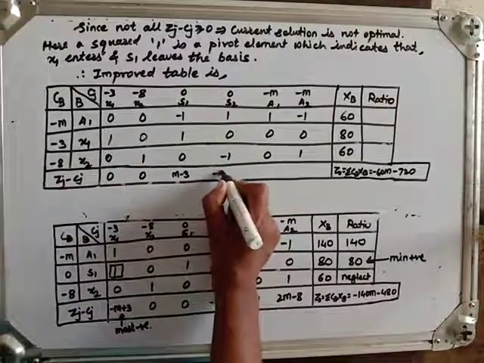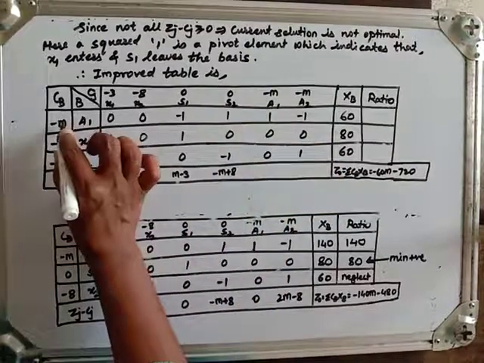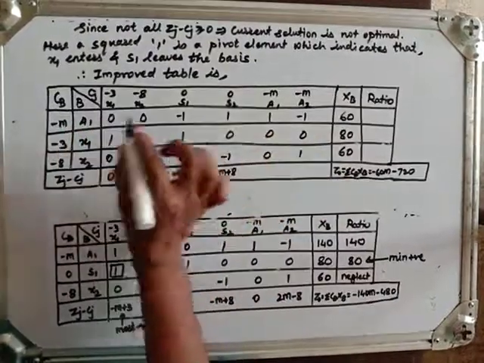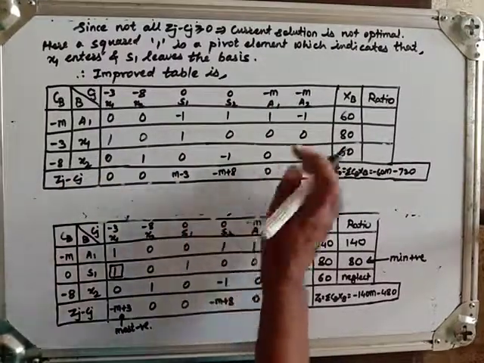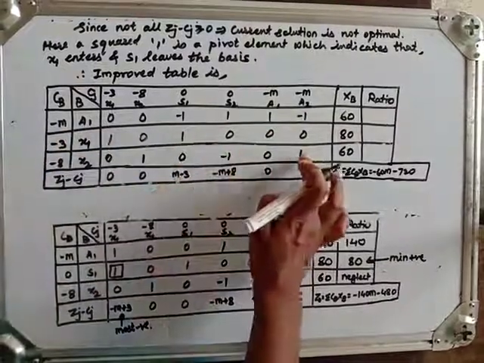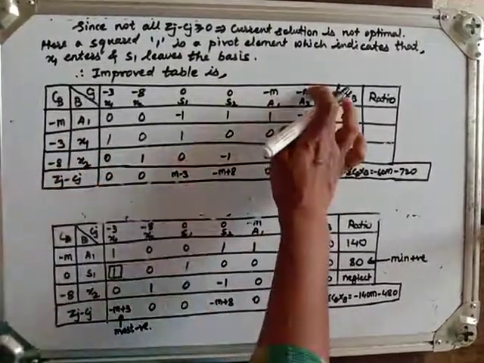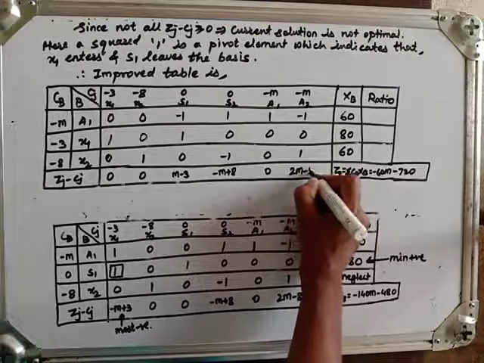So it is minus m plus 8. Now this is minus m 0, 0 minus minus plus m. So that will become 0. This is m 0. This is minus 8 and minus minus plus m. So it is again 2m minus 8.